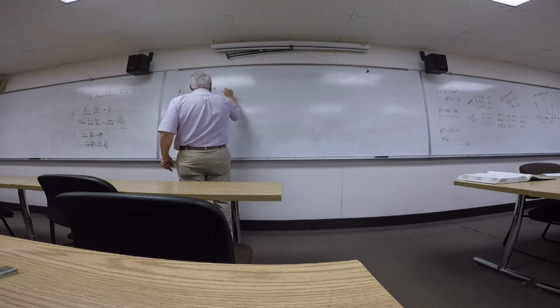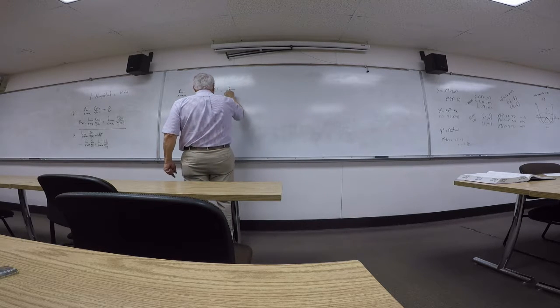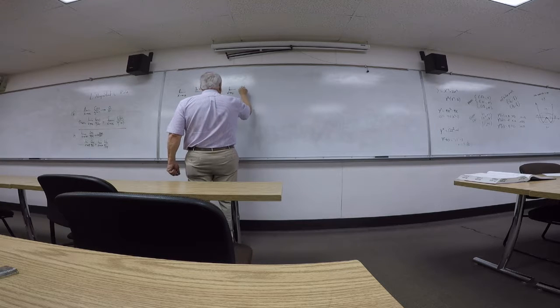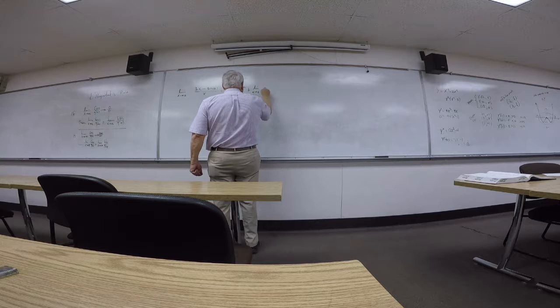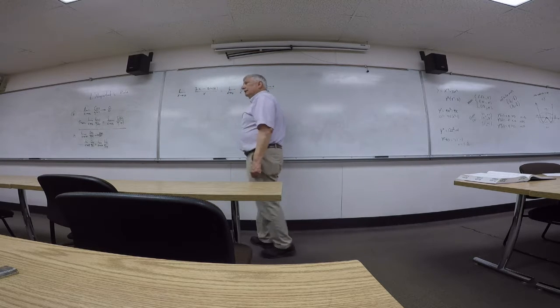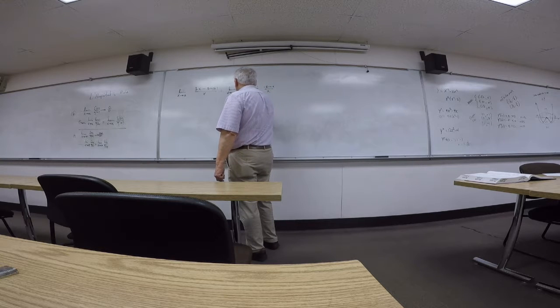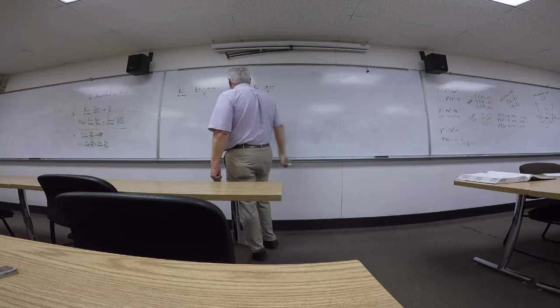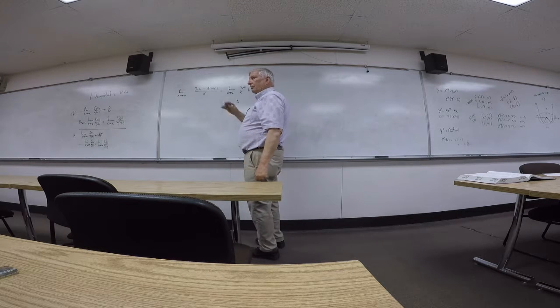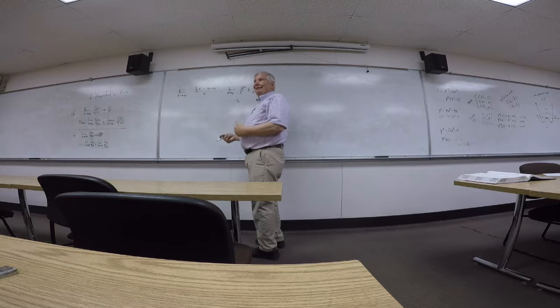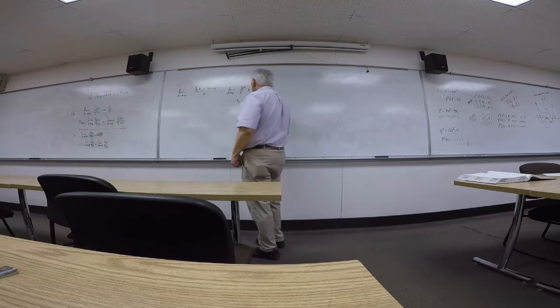Let's rewrite this as the limit as x approaches 0 of 3x over x plus the limit as x approaches 0 of minus the sine of x over x. And this one, clearly the x's divide and it goes to 3. And this one, sine x over x, we proved was equal to 1 because we needed that to find the derivatives of sine and cosine. Minus 1.